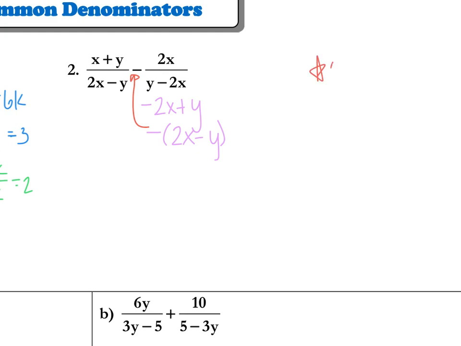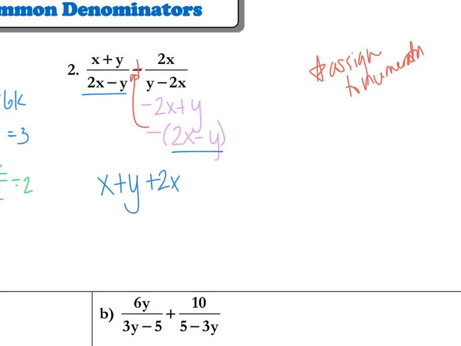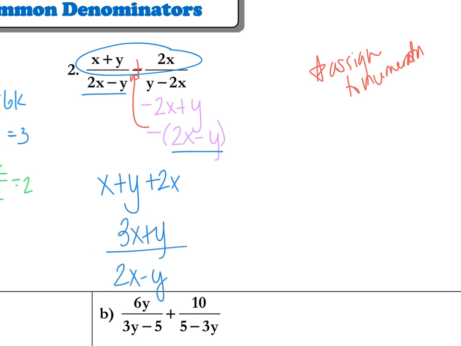So remember, assign to numerator, and basically change the operation between the two fractions. So this is going to become addition, and now I have the same denominator. So I can go ahead and just combine like terms. So x plus y plus 2x. So 3x plus y all over the common denominator. I can't do anything else.